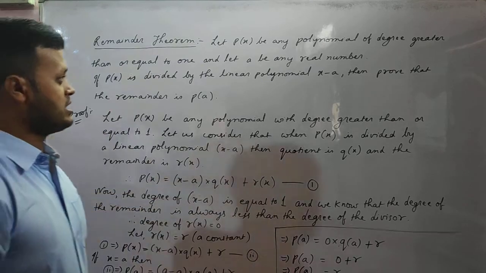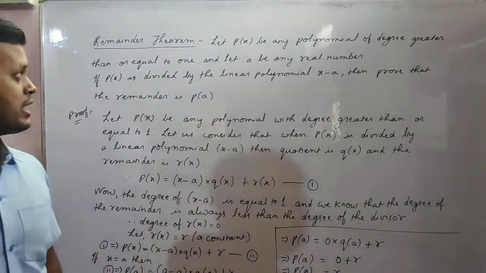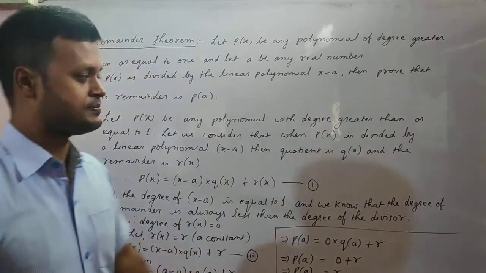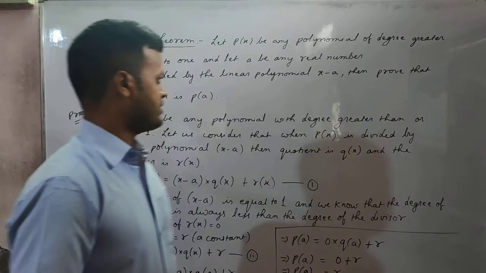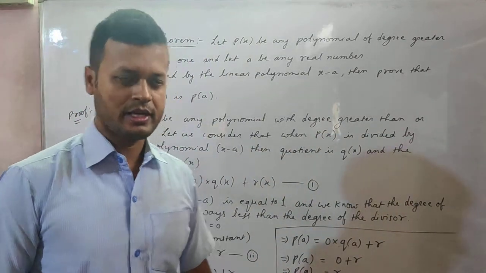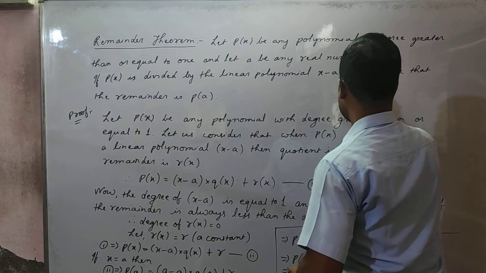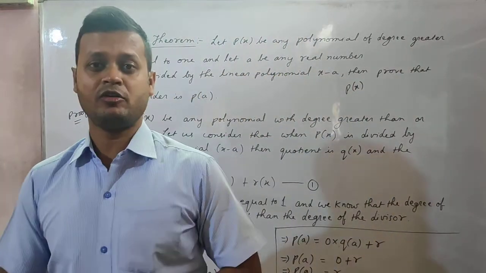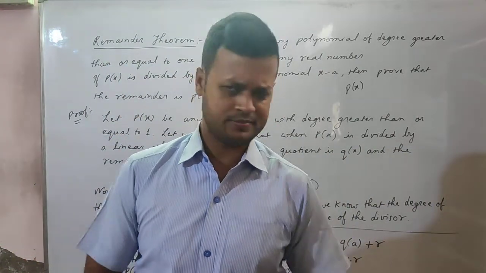So let p(x) be any polynomial of degree greater than or equal to 1, and let a be any real number. If p(x) is divided by the linear polynomial x minus a, then prove that the remainder is p(a). So p(x) is any polynomial whose degree is greater than or equal to 1, just like x cube plus 3x square plus 2, like that.